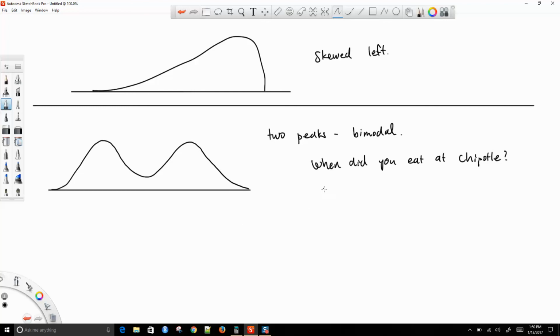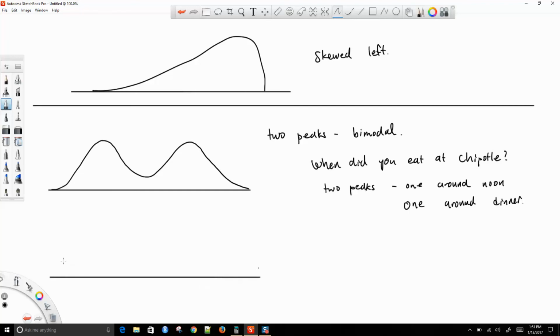You'll see two peaks, one around lunchtime, so one around noon, and then one around dinner time. With a fewer number of people going there around 3 or 4 o'clock. More of them around noon, more around 6 p.m., 7 p.m., something around there. So that would be something bimodal. If you have more than that, you would say multimodal.